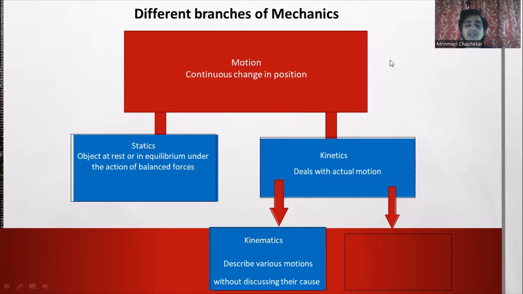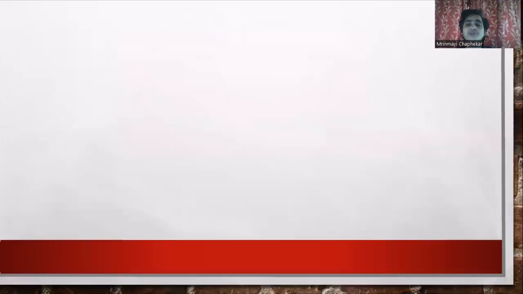Kinetics can be again divided into two branches, kinematics and dynamics. In kinematics, we actually describe the motion of the body, but without discussing the cause of the motion. And in dynamics, the various motions of the body are discussed, but along with the cause of the motion.